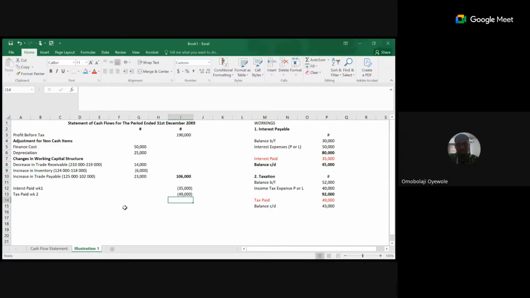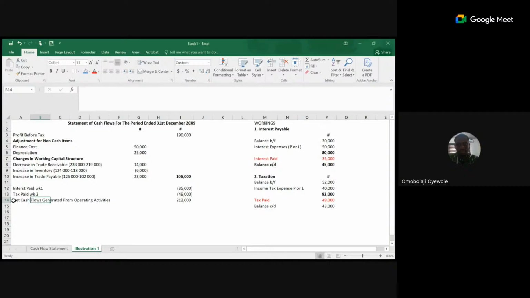Then at the end of the day, let's sum it up. This plus this plus this plus this, that will give me the net cash flow generated from operating activities.